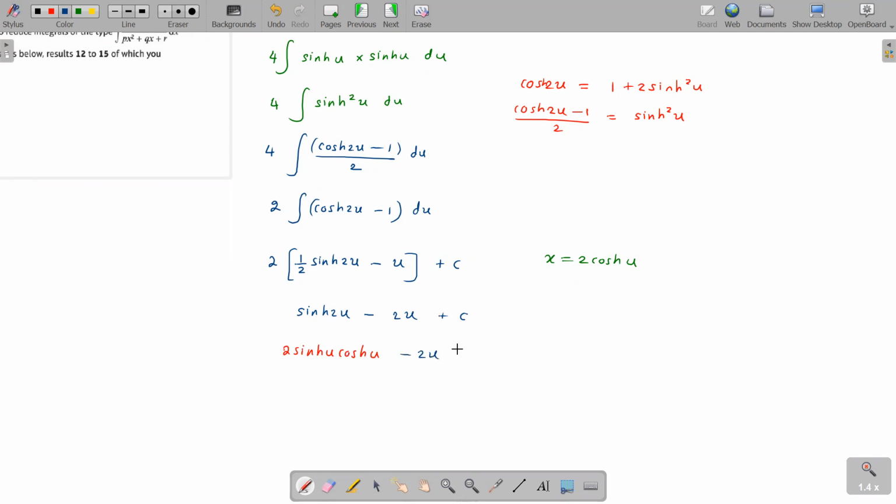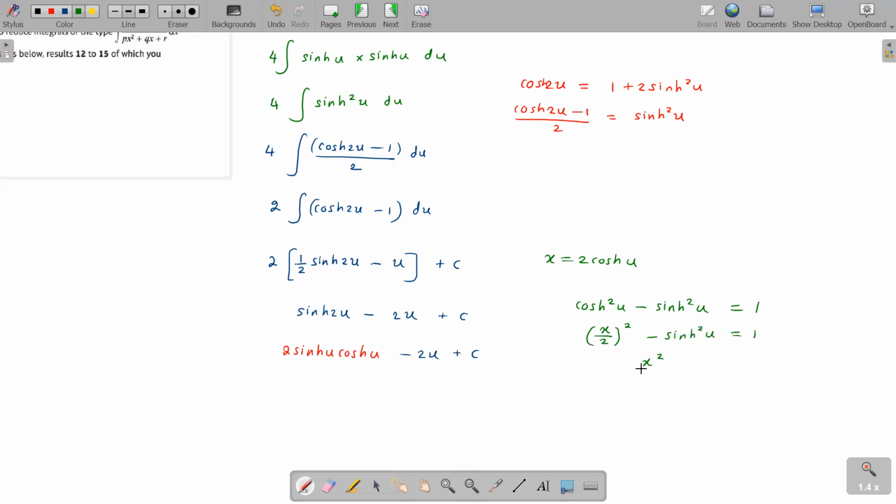Minus 2u. Let's input. So if we use the rule cos square u minus sine square u equals 1, right? So then cos u is x over 2. Which means cos square is x over 2 whole thing square, minus sine square u equals 1.